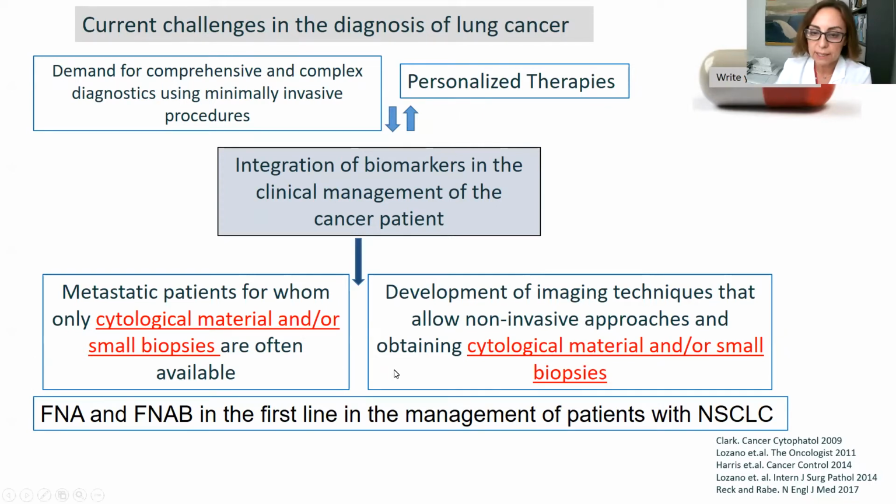But at the same time, and unfortunately, many patients, more than 50%, 50 to 60% of the patients with non-small cell lung cancer, come for the first time to the hospitals at advanced stages. So these patients are not candidates for surgical procedures. From these patients, what we have is only cytological material and/or small biopsies to perform the diagnosis and all the biomarker studies.